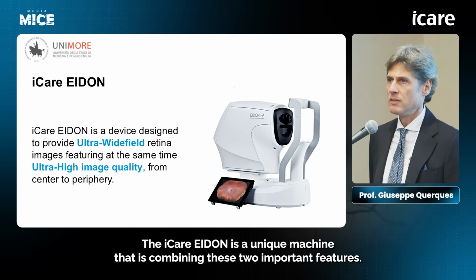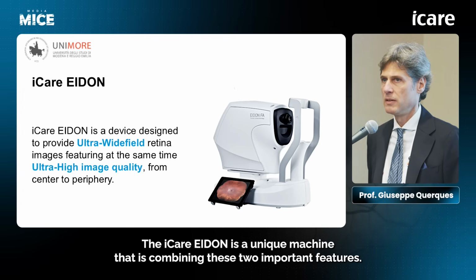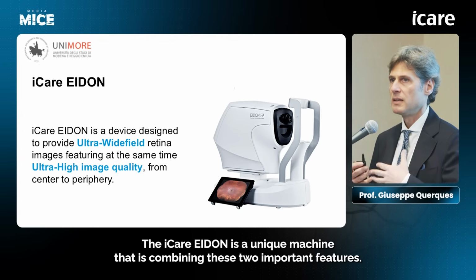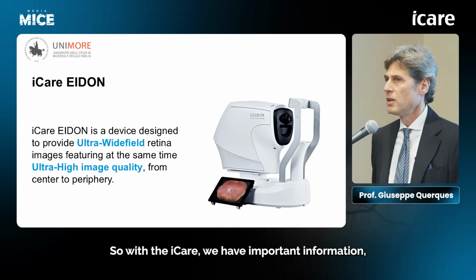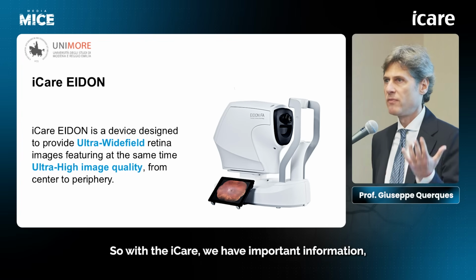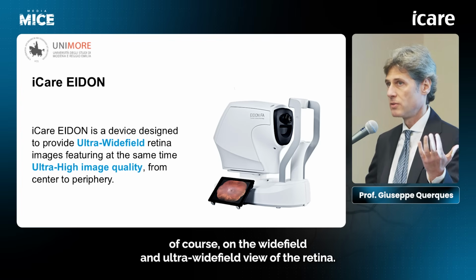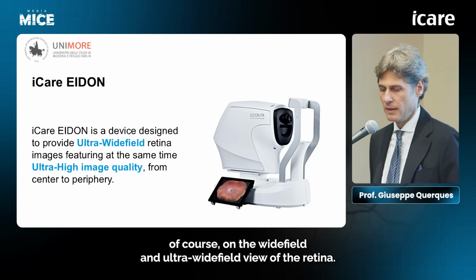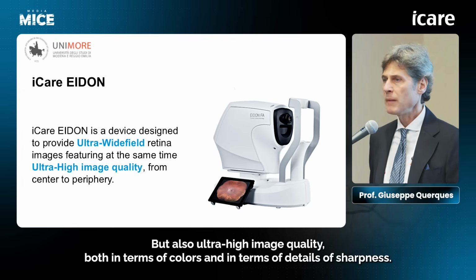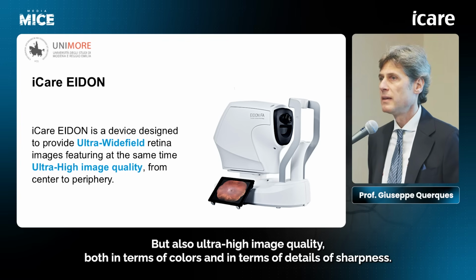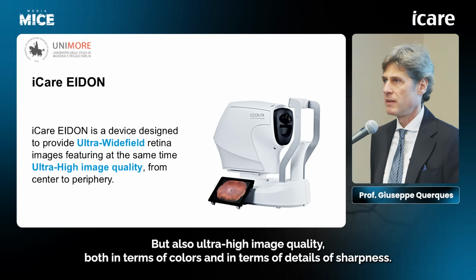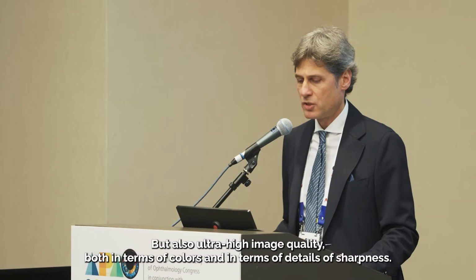The iCare EIDON is a unique machine that is combining these two important features. So with the iCare we have important information, of course, on the wide field and ultra-wide field view of the retina, but also an ultra-high image quality, both in terms of colors and in terms of details and sharpness.